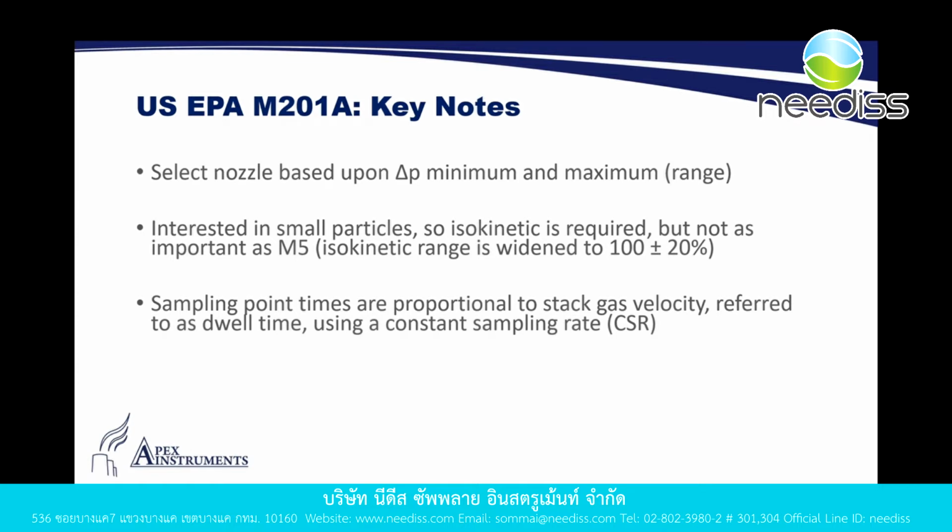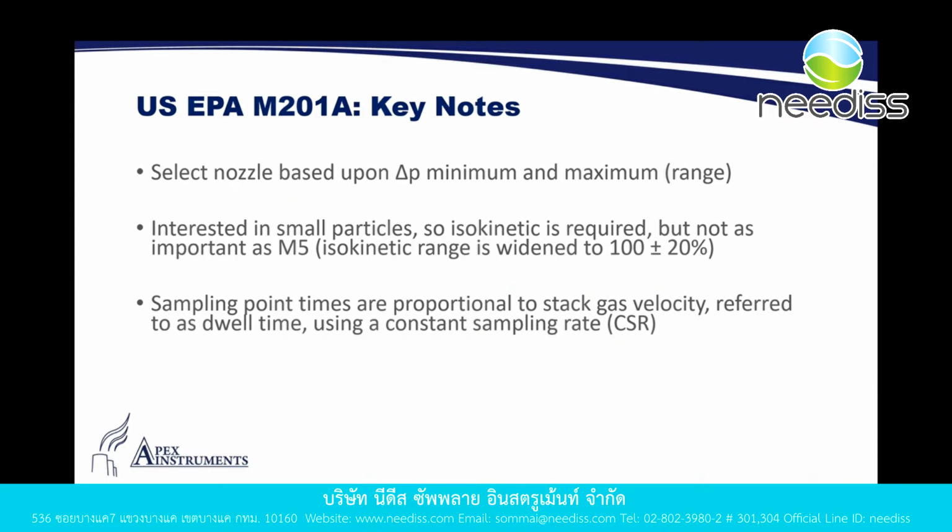And nozzle size is based on a calculation that you do with certain parameters like flow and moisture and so forth, and based upon your delta P minimum and maximum range. So really the focus of selecting the nozzle is based on your flow rate, and obviously every source is different. So you would first have to investigate the flow rate of this particular stack that you would be testing to help determine the calculation to select the correct nozzle size.